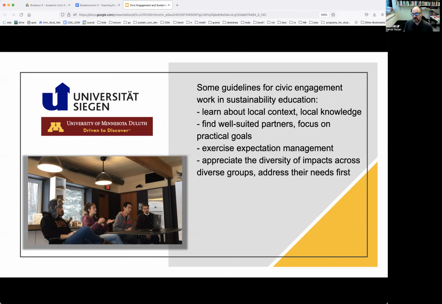I think there is growing consensus on some good practices for getting started with civic engagement and community engaged learning. And it's also helpful to focus on these guidelines because they help us answer this question: why do we see value in community engagement in our work in sustainability in programs like German studies programs?